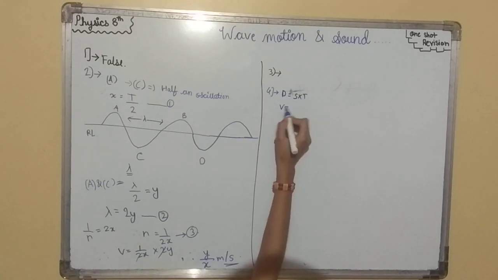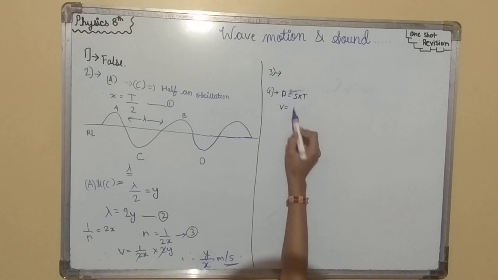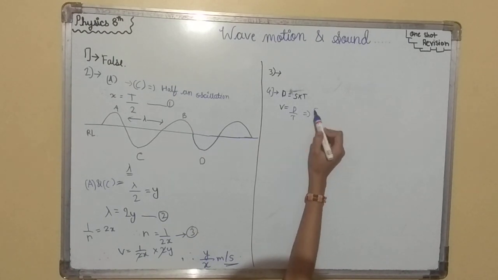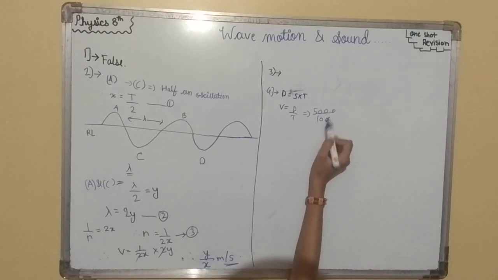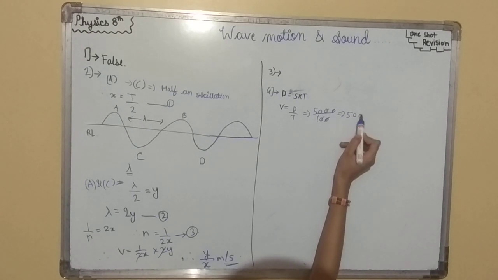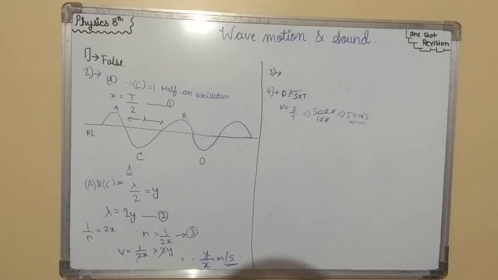Velocity of the sound is equal to distance travelled by the sound upon time taken. This will be equal to 5000 upon 100. 0 will get cancelled. Remaining will be 50 meter per second. I hope you've understood till this.